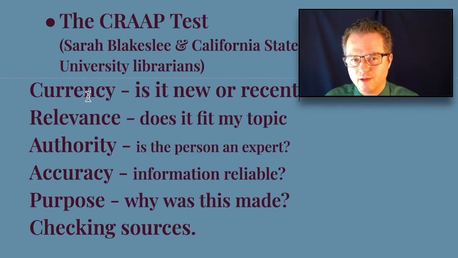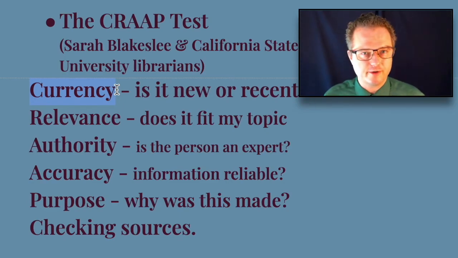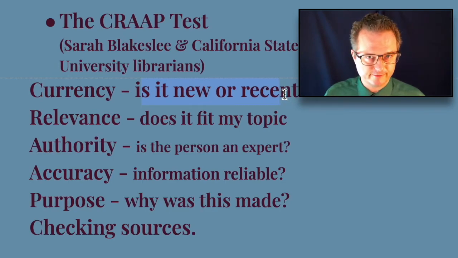So in a lot of areas, what's newer is better than older stuff. So if you have an article from 1981 and an article from 2014, use the article from 2014. That's not 100% true all of the time, and you can watch the video on my YouTube channel about currency to see what I mean by that. But in general, newer is better in most academic fields.